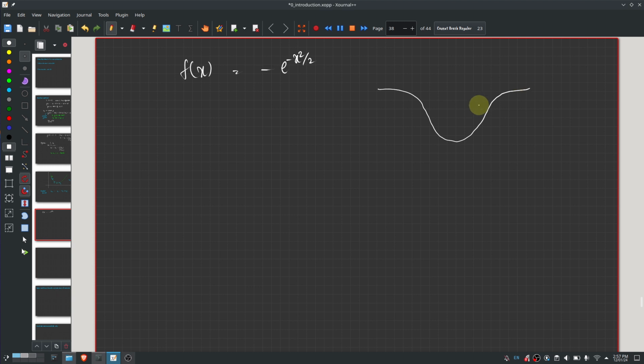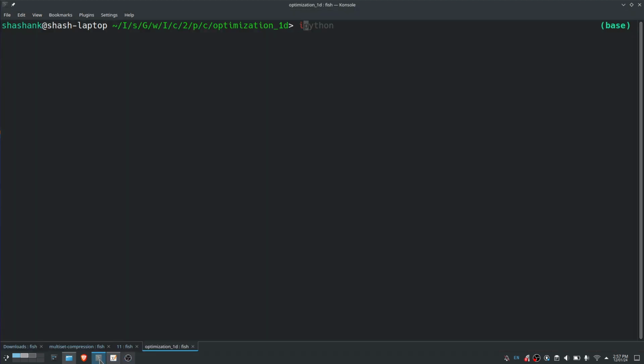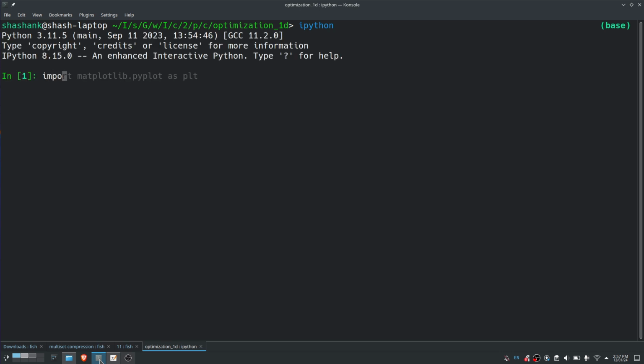But is this really convex? Even visually. So let me just plot. Okay, let's see. Let's take x to be minus 3 to 3.